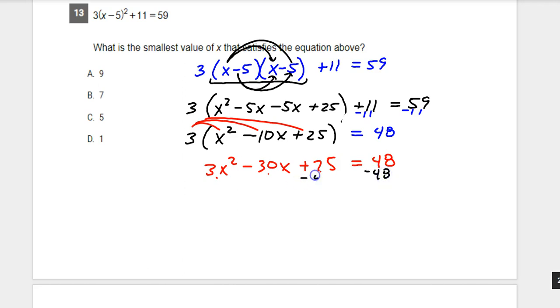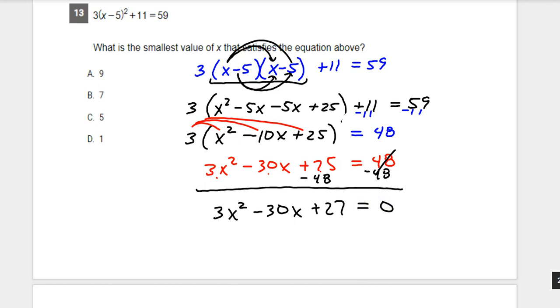So let's just minus 48 from both sides. You know, I would never do this problem this way, but I'm just doing it in case somebody went down this road. And positive 75 and a negative 48, that's what, 27 equals 0.